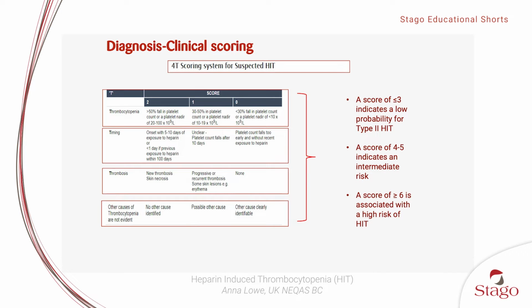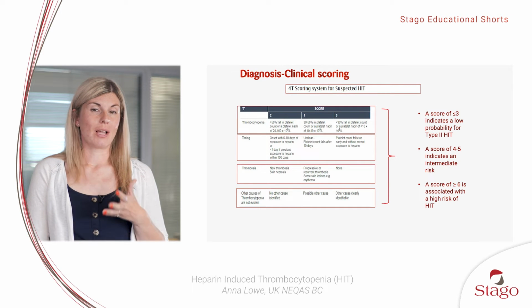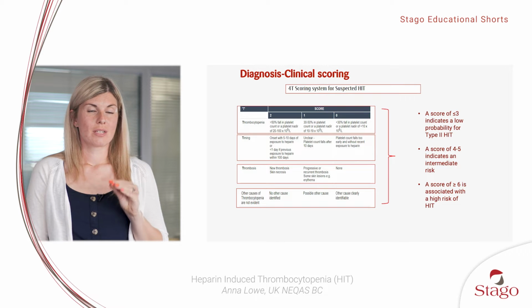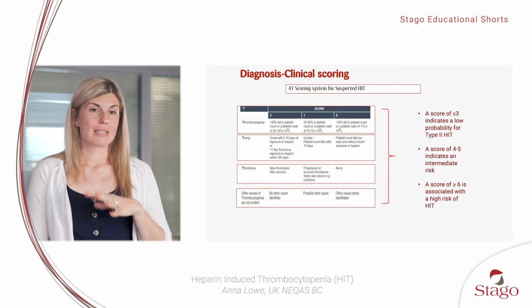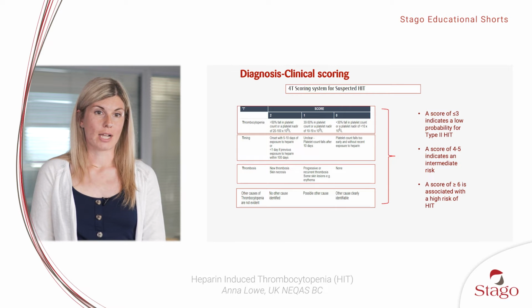So as I mentioned previously, diagnosis is a very complex methodology. Clinical scoring is required as well as laboratory assay tests. Just focusing here on the clinical scoring, it is classified as a 4T scoring system for suspected HIT.